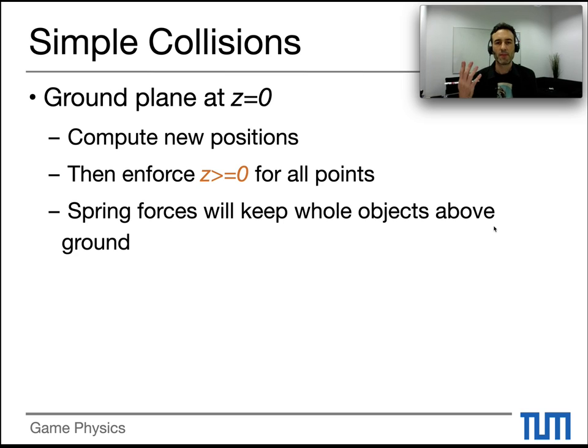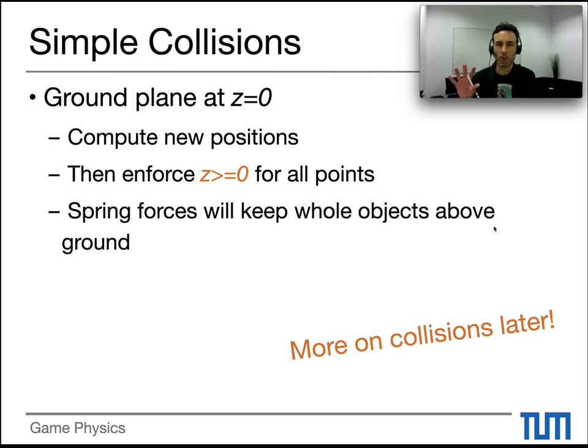So for a starting point, I can actually recommend adding at least a collision plane in this way. That will already be a good test. We'll have a whole chapter later on collisions where we'll go into more detail about how to detect and handle collisions.